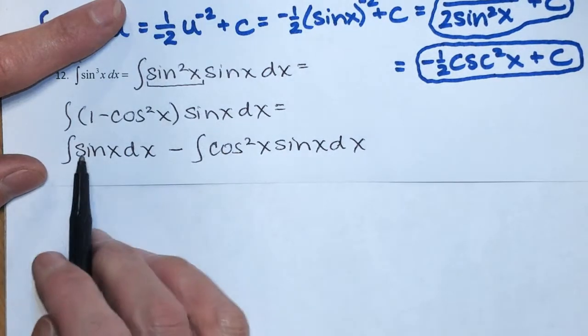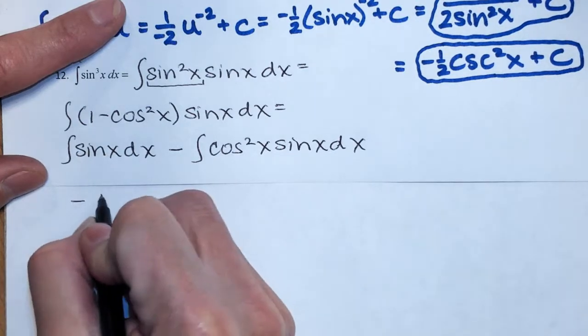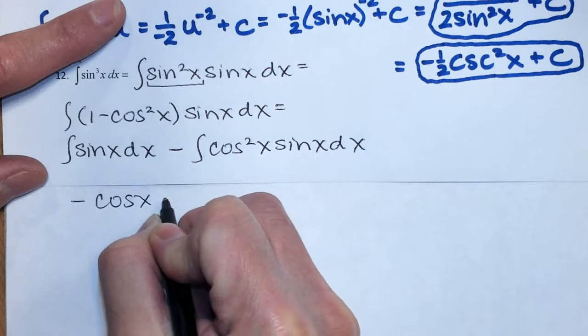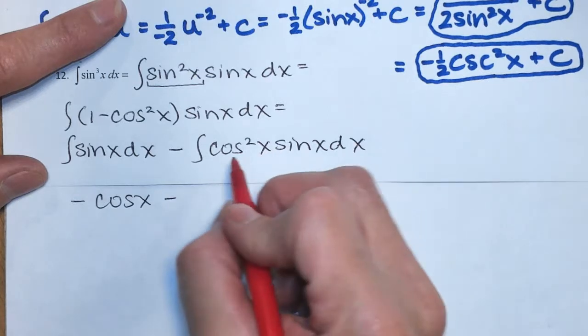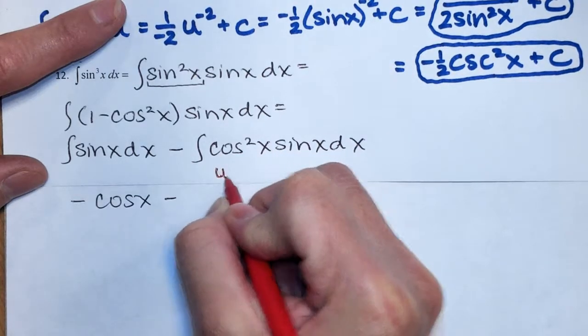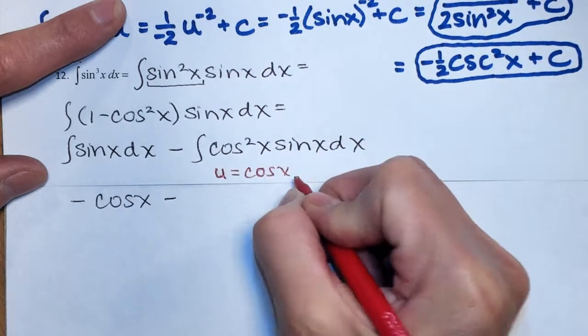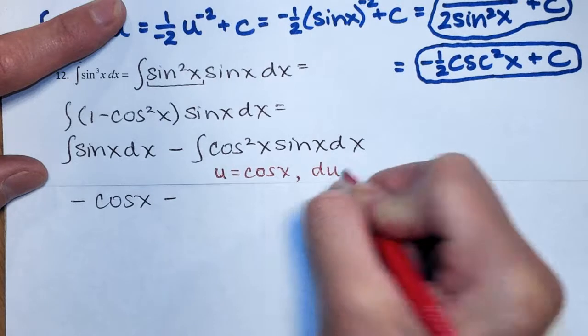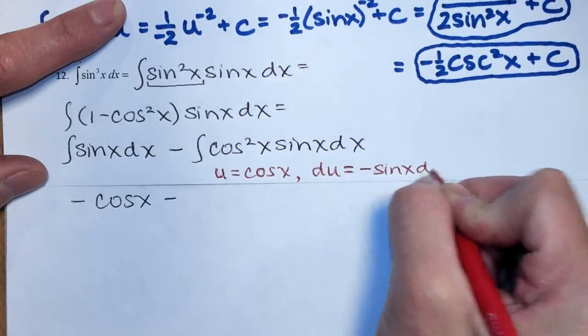Well, this is very nice, because this integral is very easy. The integral of sine is negative cosine x. And then we need to figure out what's going on here. Well, this is an integral very similar to number 9. If you look back to number 9, I would make u cosine x here, and I would make du, well, du is negative sine x dx.